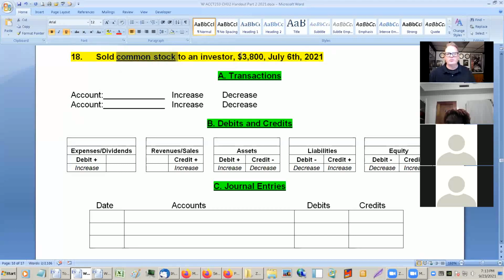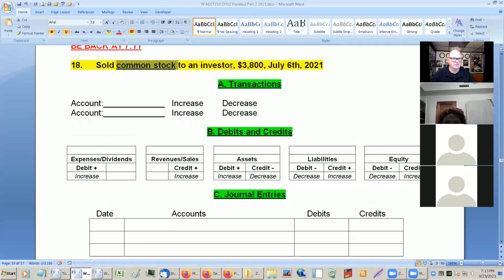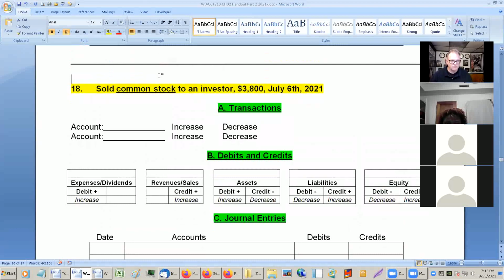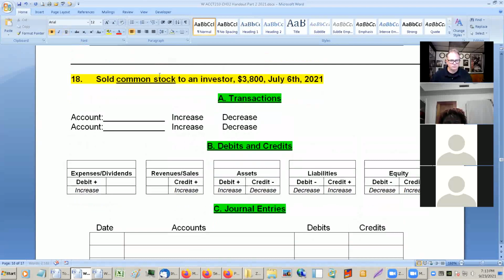Do we just give it to them because we liked them? No, but what did they probably give us? Cash. Yeah, you're right, cash. They gave us money. Usually this is going to be for cash. It's possible they gave land or something, but that's very unusual.